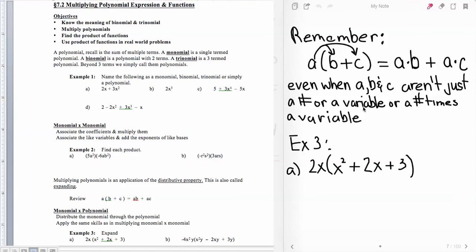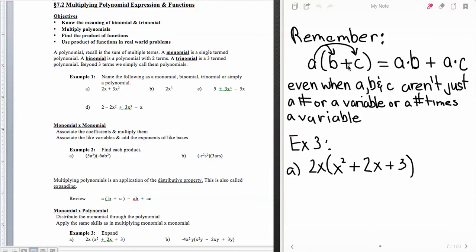All right, now moving on to review our distributive property. Remember that when we had something multiplied by a sum, the multiplication distributes over the addition, giving us a times b plus a times c. And even when a, b, and c aren't just numbers or variables or a number times a variable, this still applies.